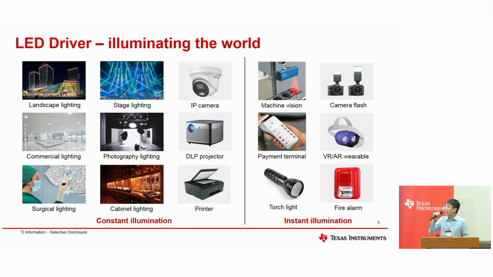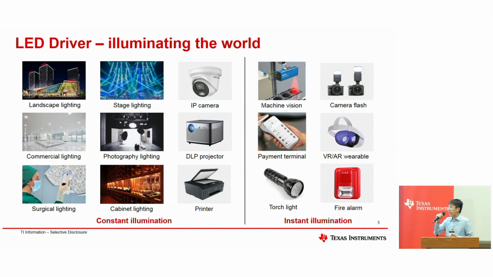The commercial lightings, you see those lights on the roof or on the ceilings. Those are our targets. The surgical lightings are more professional, for doctors to do surgeries. Also our main target. On the right, stage lighting and photography lighting are more professional and high power, because they require a very high power density to illuminate photography or stage performances.